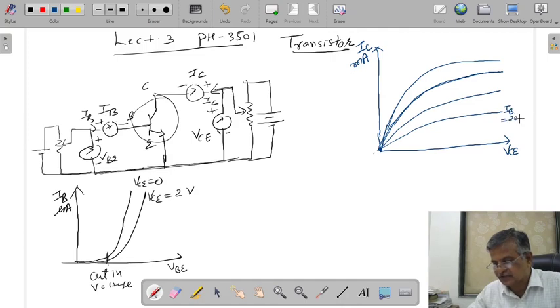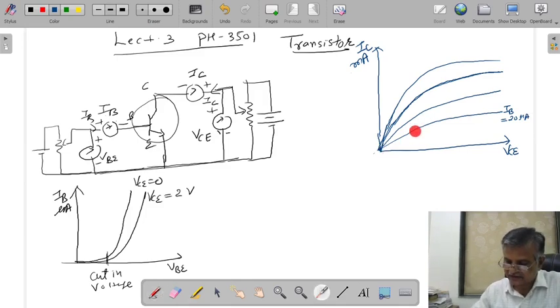If the base current is 20 microampere, this is the graph of collector current versus VC. If you give a base current of 40 microampere, then this is the graph of IC versus VC.